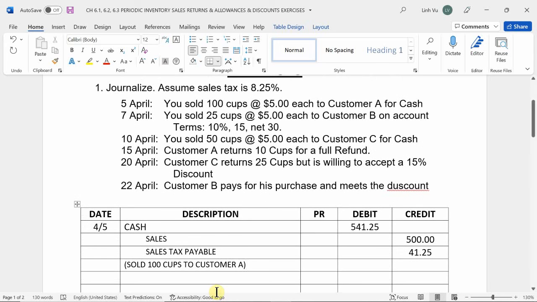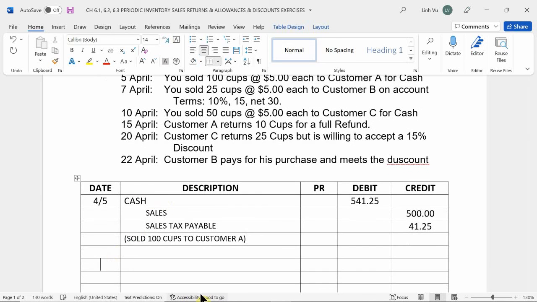So then next thing, on April 7, you end up selling 25 cups at $5 each to customer B on an account. And you gave customer B 10%, 15, net 30 terms. So in this case, I sold to customer B on an account on April 7.